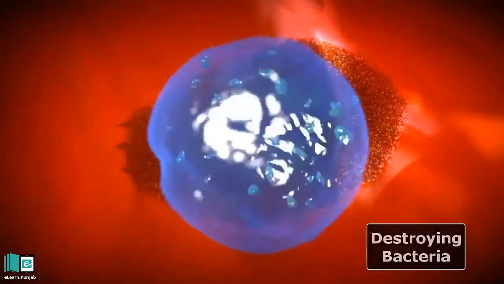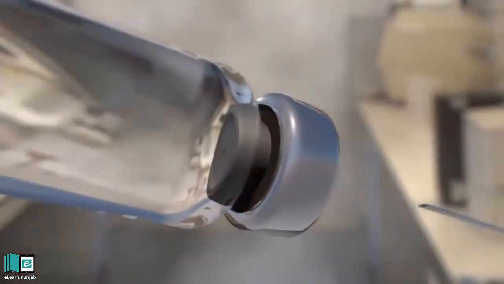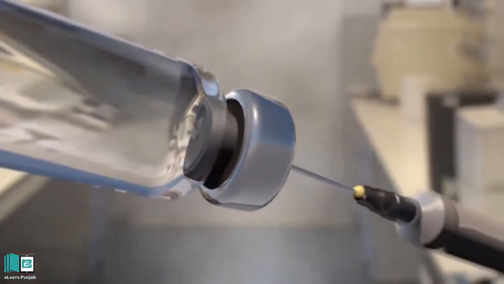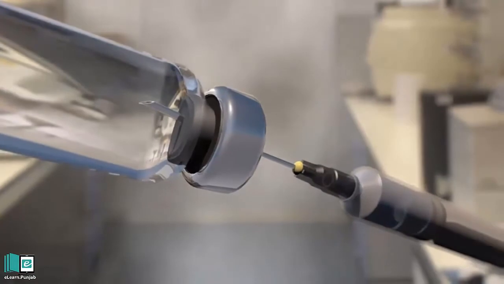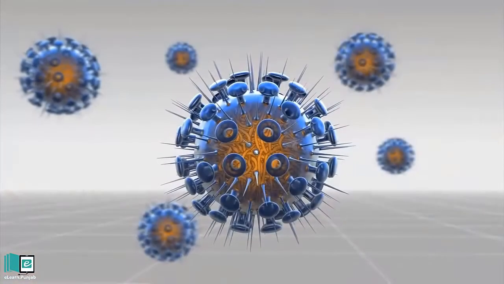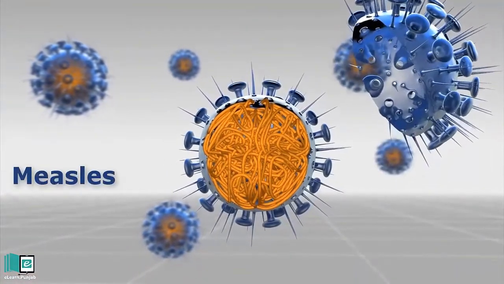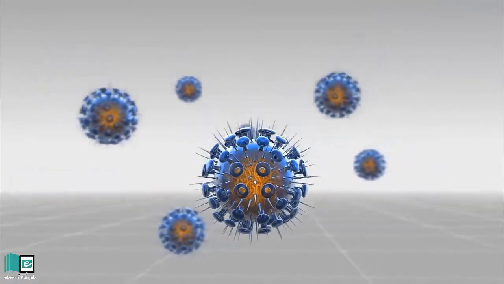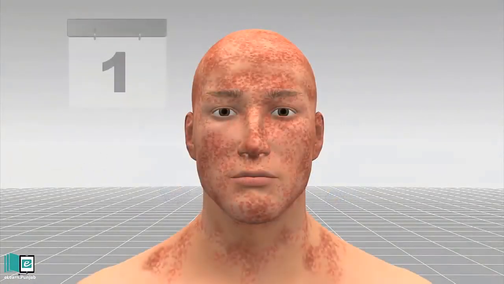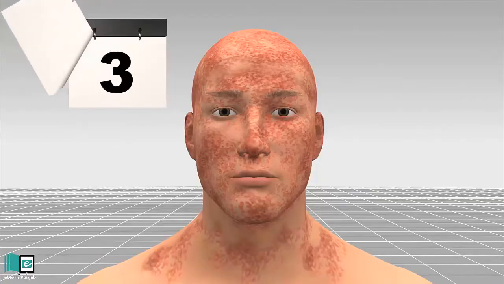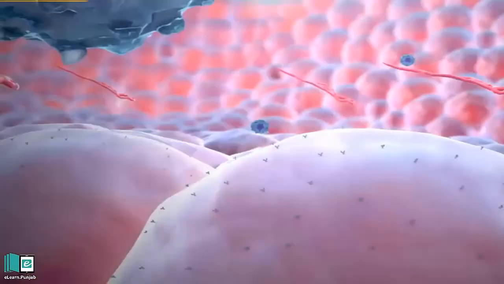Now we study what changes happen in the body at the time when we inject the vaccine inside the body. For example, measles virus. These viruses can't cause serious infection inside our body, because they have become weak.